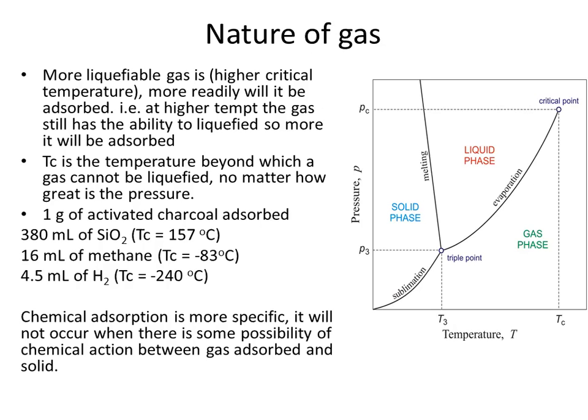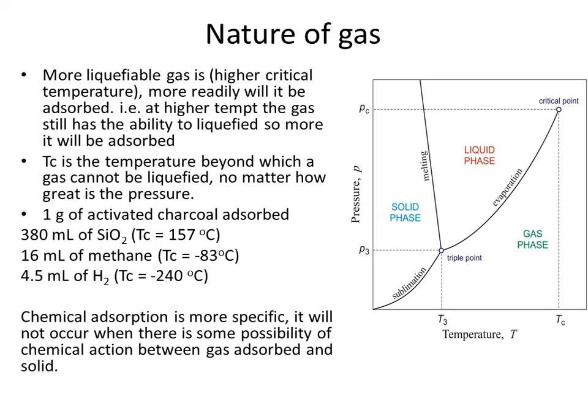Now look at the graph. If some gas has a lower critical temperature than the one shown here, then the region between the gas and the liquid will be smaller. The lower it is, the less tendency it has to liquefy.